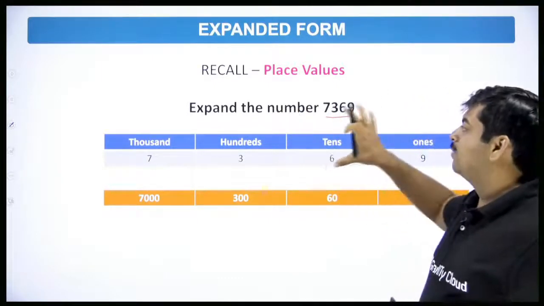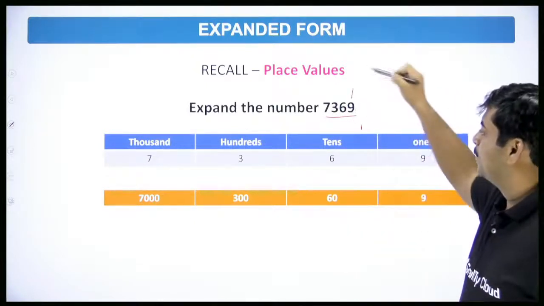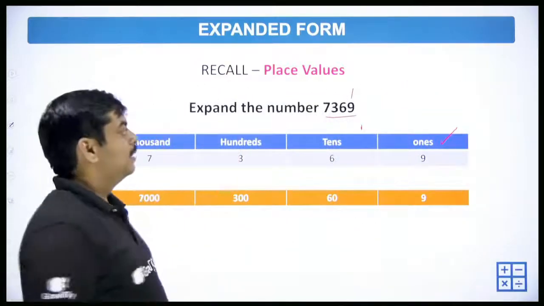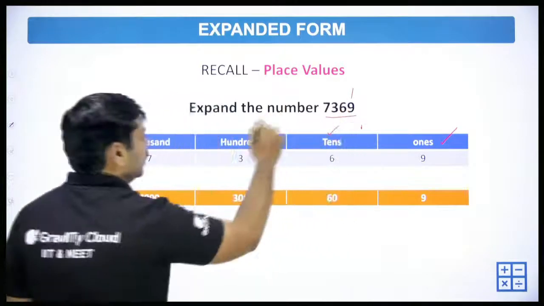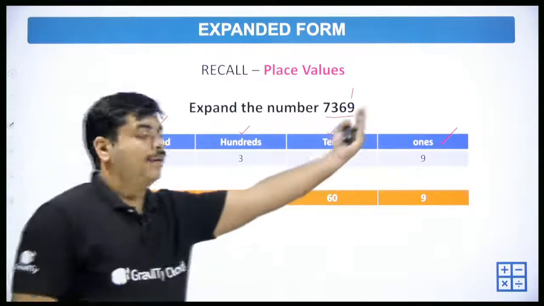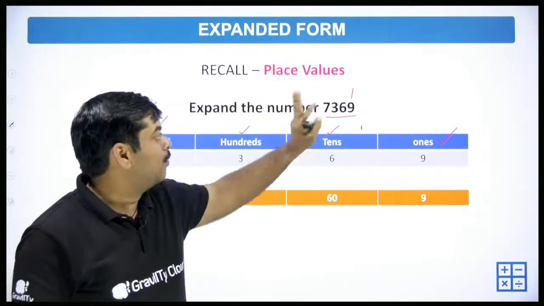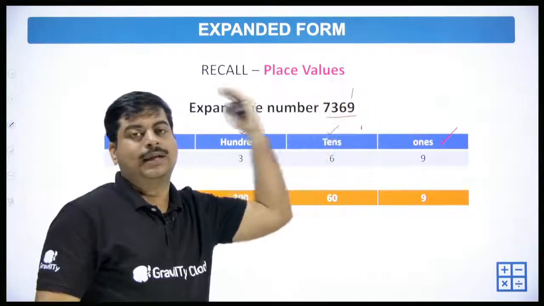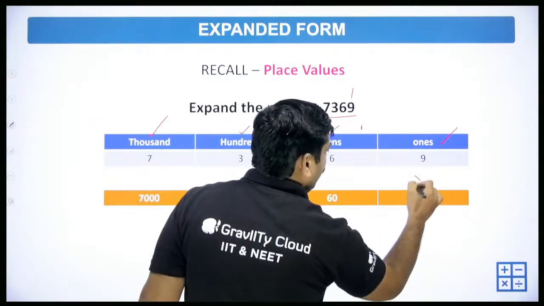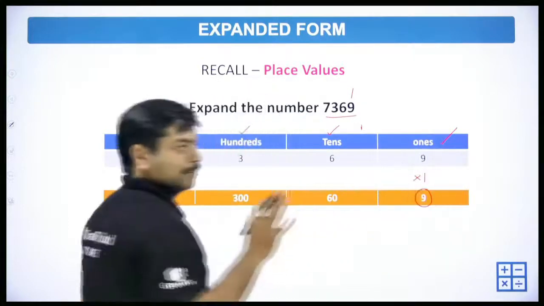Now, what is the expanded form of 7369? This is the units place, the ones place. The digit after that goes to the tens place, the next to the hundreds place, and the next to the thousands place. Always you should come from the right to the left. Don't go from the other side. So 9 into 1 gives 9, the value of 9 is 9.